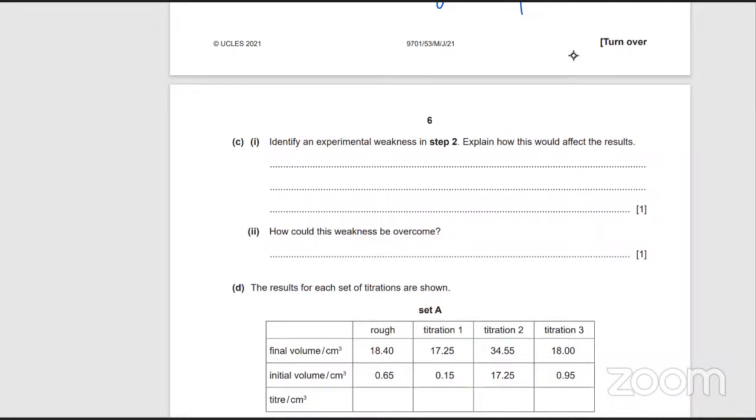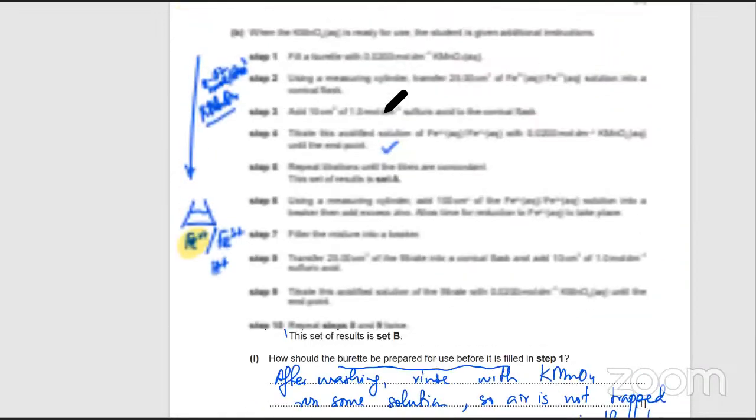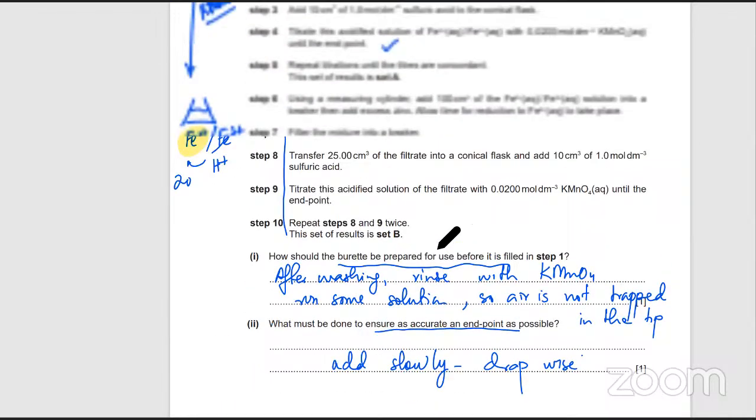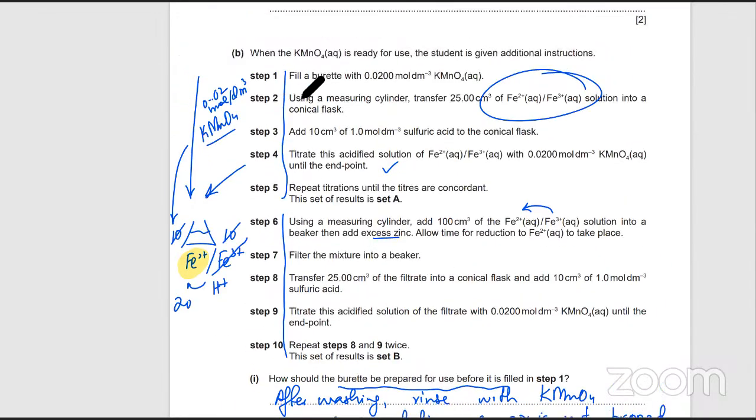Identify an experiment weakness and explain how this would affect the results. Step 2 के अंदर experimental weakness, ये कौन सा स्टेप है? स्टेप 2, what is the weakness over here? Measuring cylinder is not accurate.